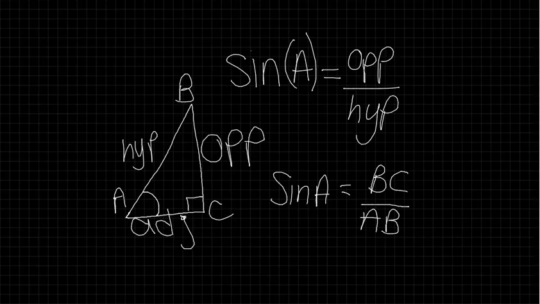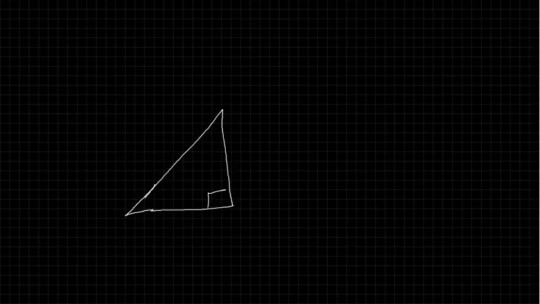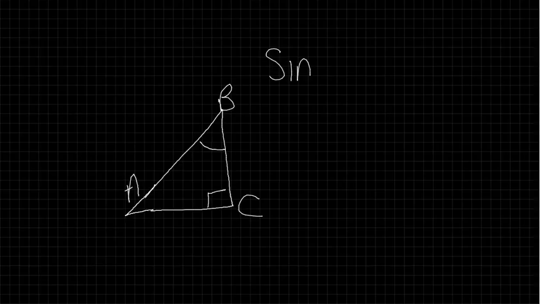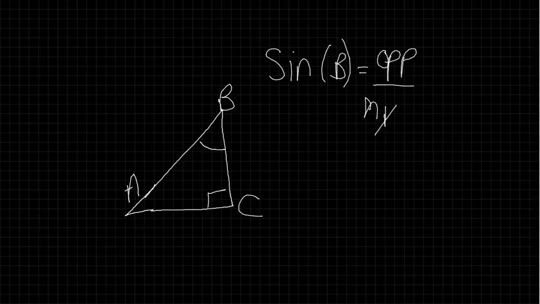Now let's look at a different triangle, which we will still label as triangle ABC, and say we were looking at angle B. Again, sine of any angle would be opposite over hypotenuse.